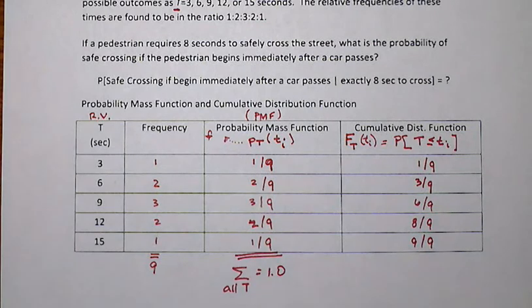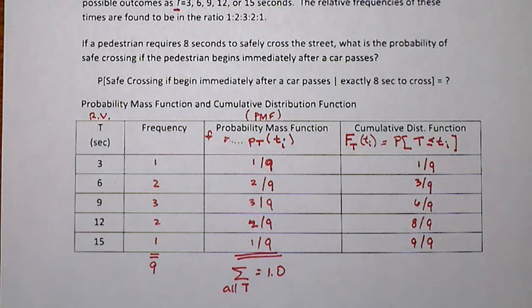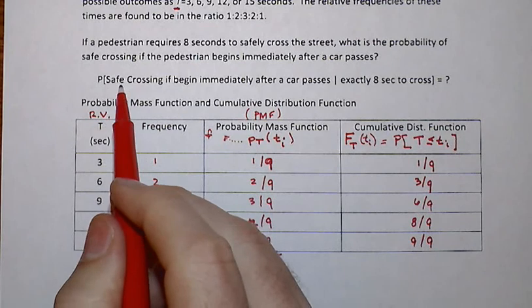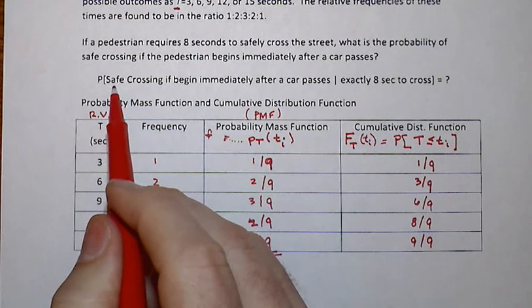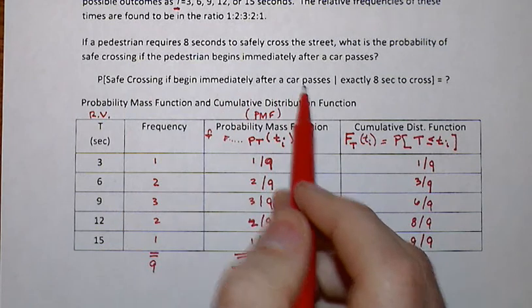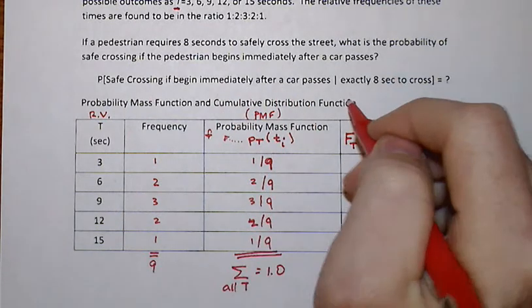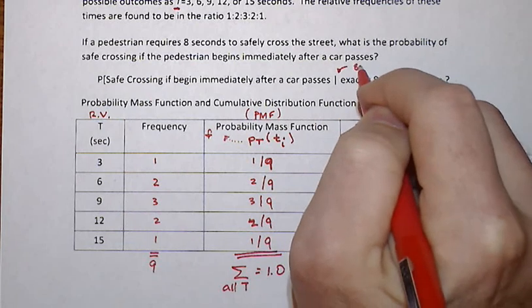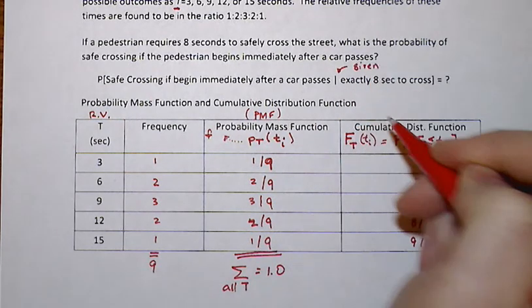Right? We have, again, way more than enough information here to be able to address what our actual problem statement was, which is, what's the probability of safe crossing if we begin to walk immediately after a car passes, given that it takes exactly 8 seconds to cross. Right? And that vertical bar is a symbol for the word given.